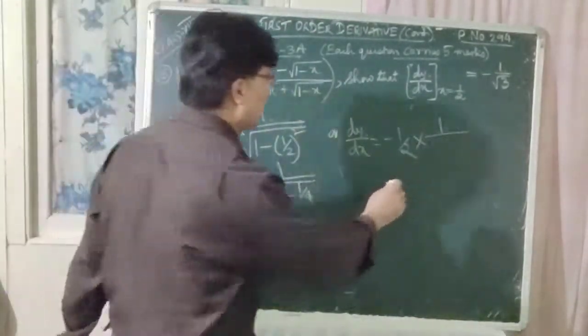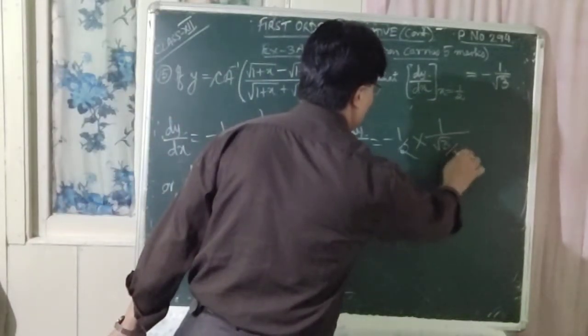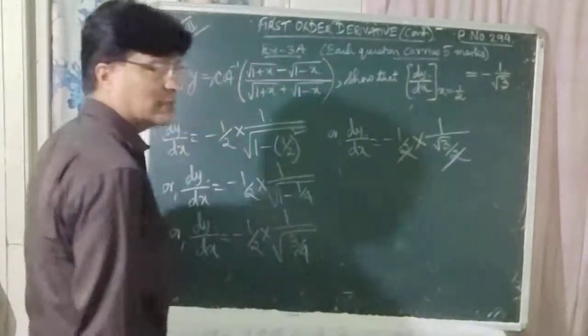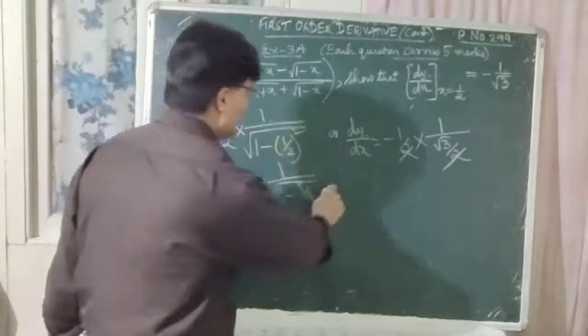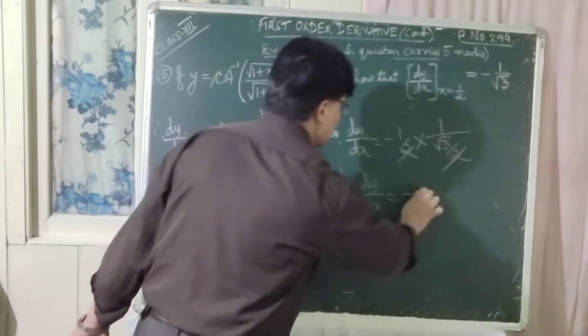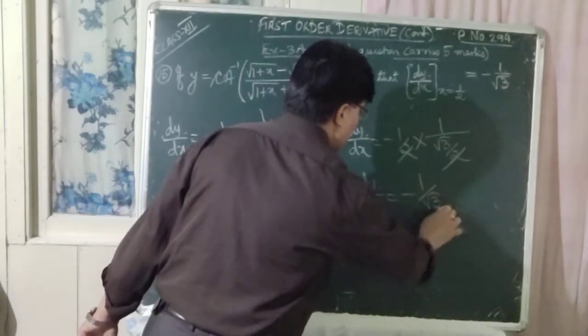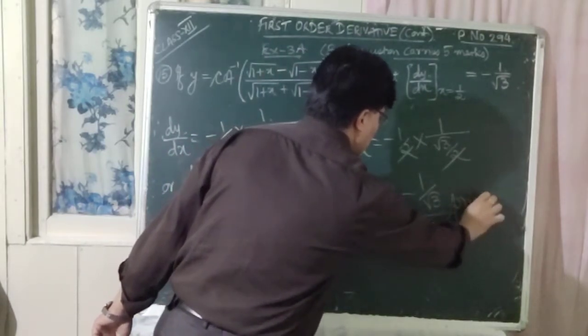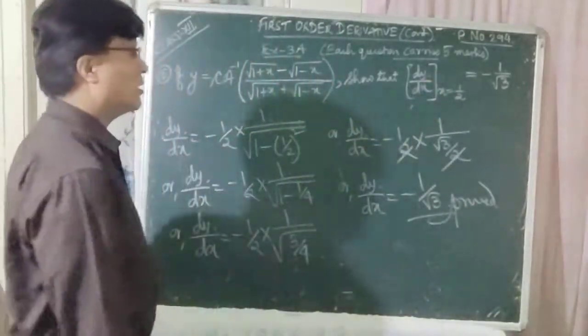It is root 3 by 2. So here the 2 gets cancelled. So what do we get now? dy by dx is equal to minus 1 upon root 3. So it is proved. So we got the answer, isn't it?